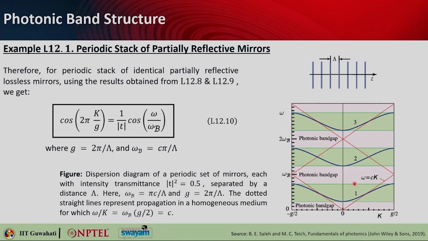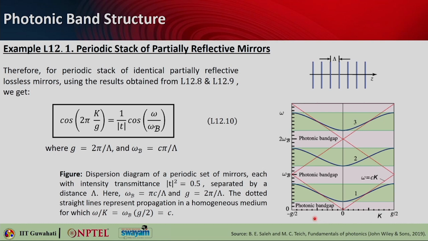What this graph tells you is how much, because of the periodicity, the dispersion relation deviates from the homogeneous medium. And in a homogeneous medium, you see there is no band gap. All the bands are allowed, which means all the frequencies have some k vector. It means at all frequencies you have solutions for waves which have real propagation constants.